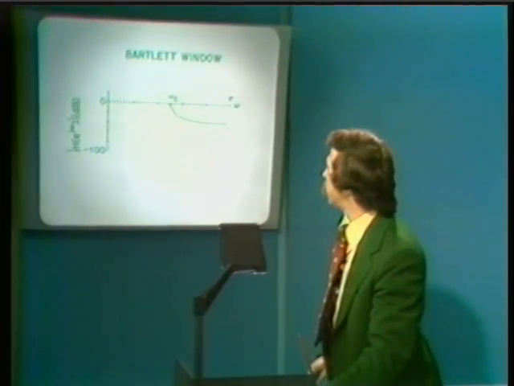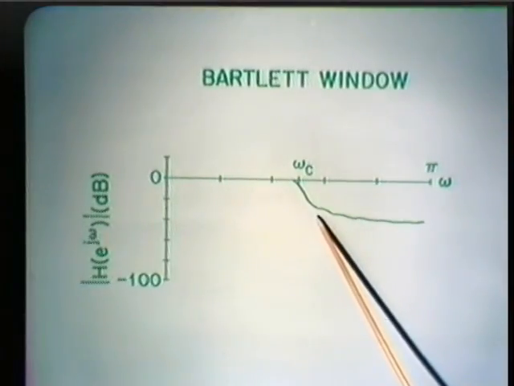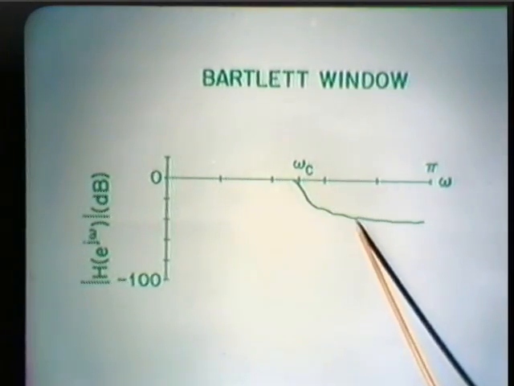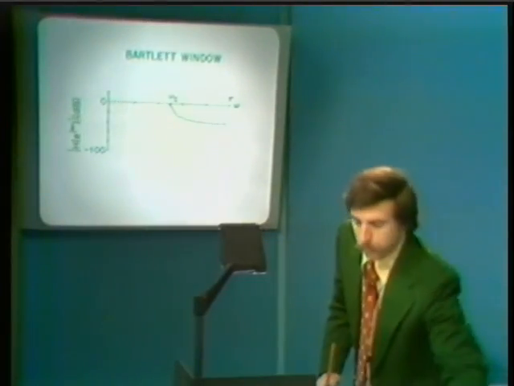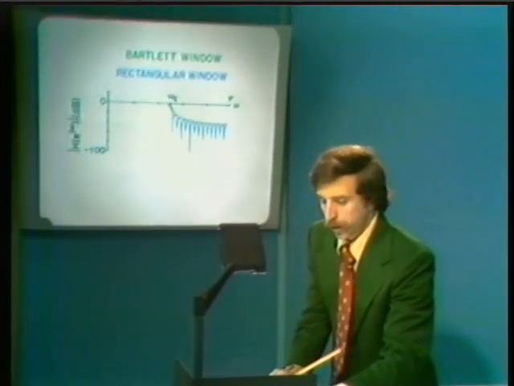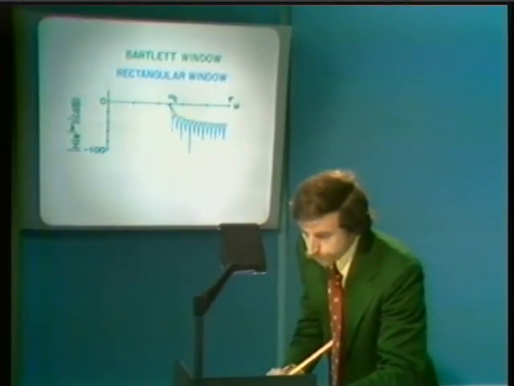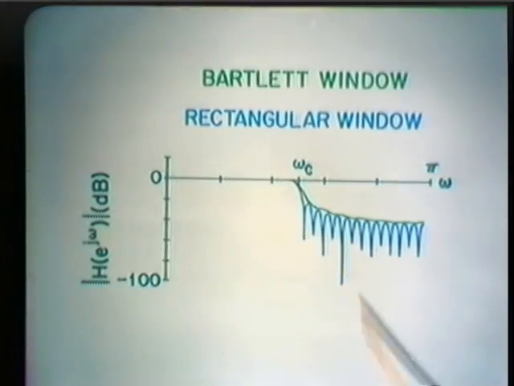Here we have the frequency response of the Bartlett window, and you can see generally that the ripples in the stop band aren't as severe as they were in the case of the rectangular window. And in fact, we can compare these simply by referring back to the rectangular window frequency response that we had previously.